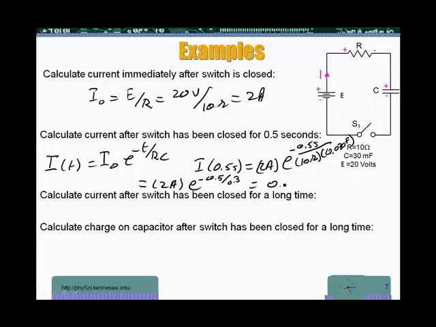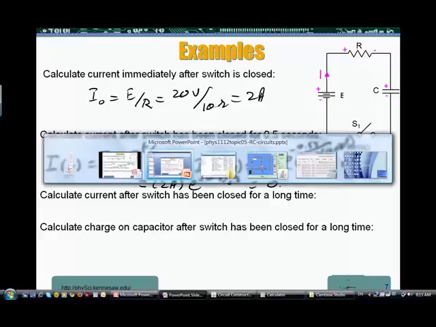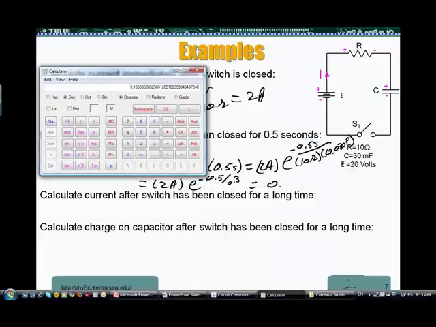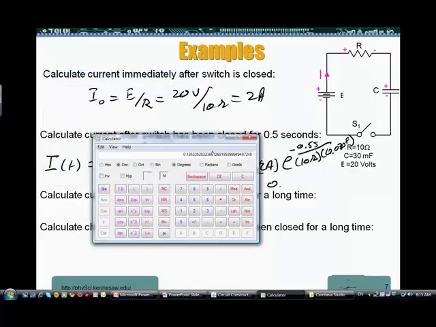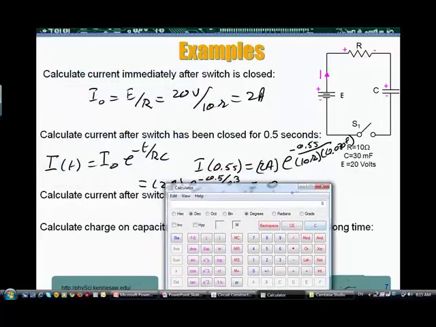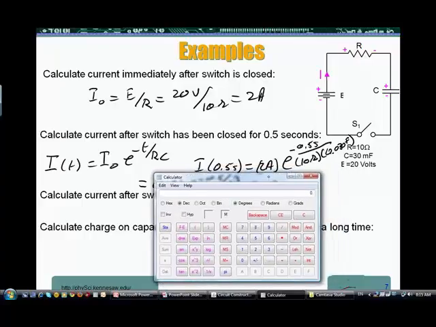Okay, let's use the calculator for doing that, just to make sure you know how to use it. So I have a calculator here. Let me clear. So what I'm going to do is 0.5 divided by 0.3 and then inverse natural log of that.